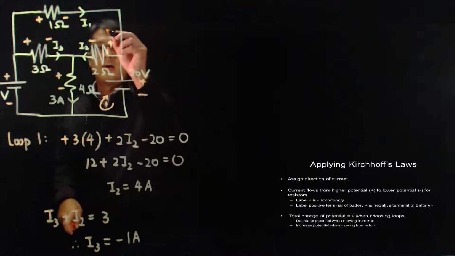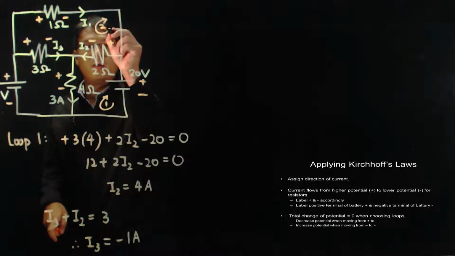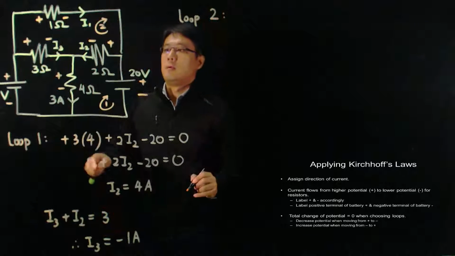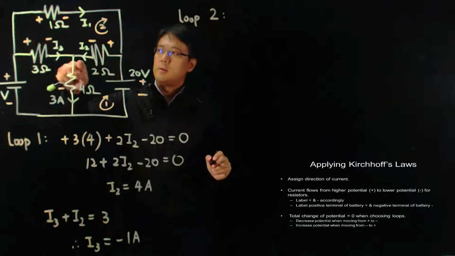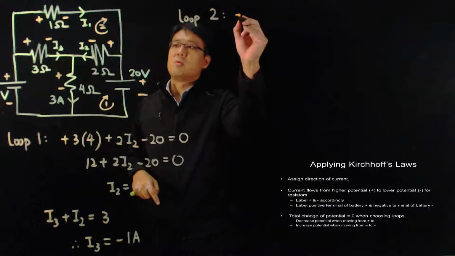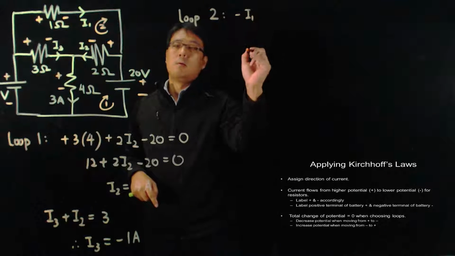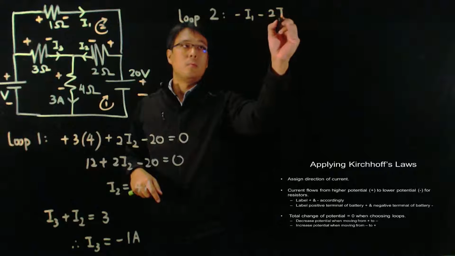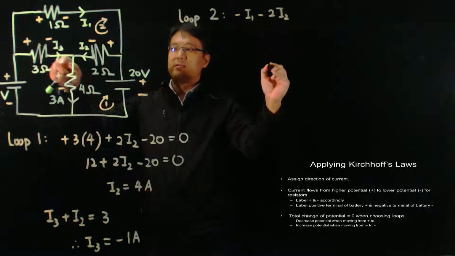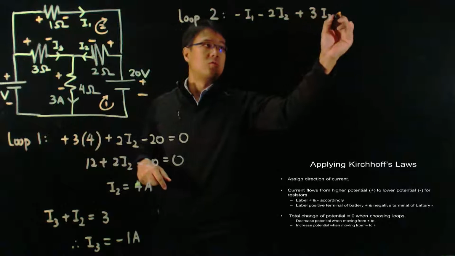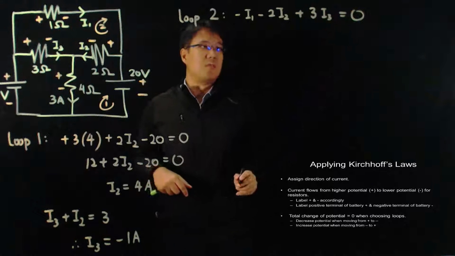We can next consider a second loop over here. Let's call that loop 2. Again, as we go around the loop, when you go from plus to minus, that's a decrease in potential. Plus to minus is a decrease in potential. Minus to plus is an increase in potential. Total change in potential equals 0.